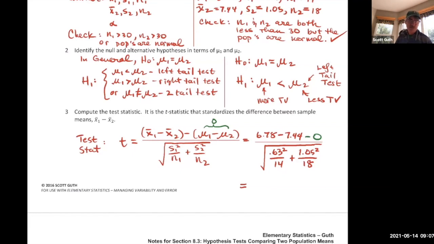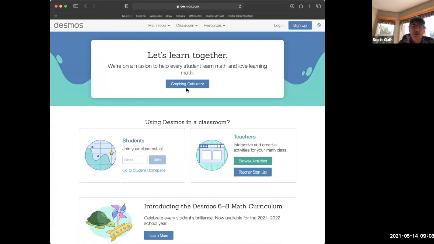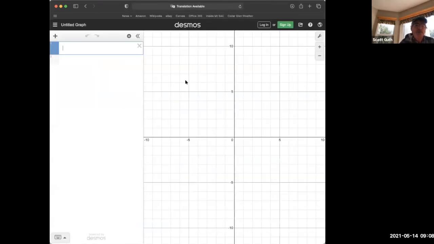Does anybody want to see me do this in Desmos? This is a kind of an ugly one. Yes, please. Okay, let me pop over there real quick. Okay, so here's Desmos. I think when I build a fraction these days in Desmos, I start by just doing the slash for divided by.